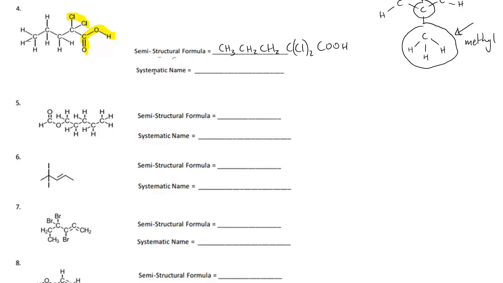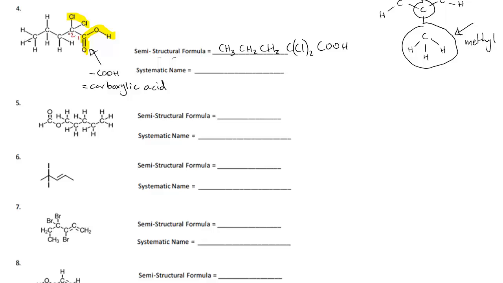Now in terms of giving the systematic name, remember that anytime you have a COOH at the end of your molecule, it's referred to as a carboxylic acid. So it's a carboxylic functional group. And carboxylic functional groups tend to be called, well, you first need to identify how many carbons the backbone of the molecule has.